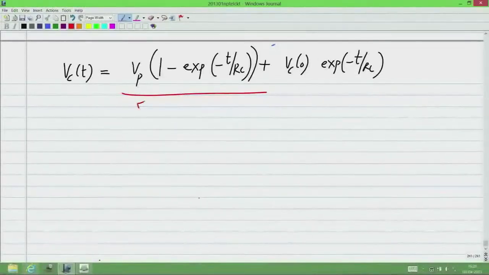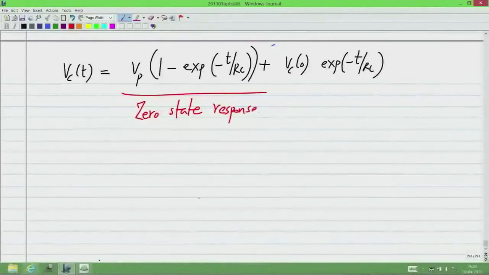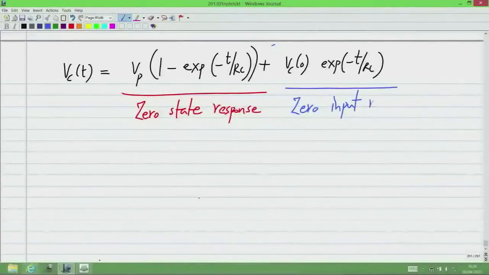In fact, this is known as the zero state response. Okay, so this is the response you would have got if the state of the capacitor, the initial condition on the capacitor, were to be 0. Okay, and this part, which depends only on the initial condition, is known as the zero input response.